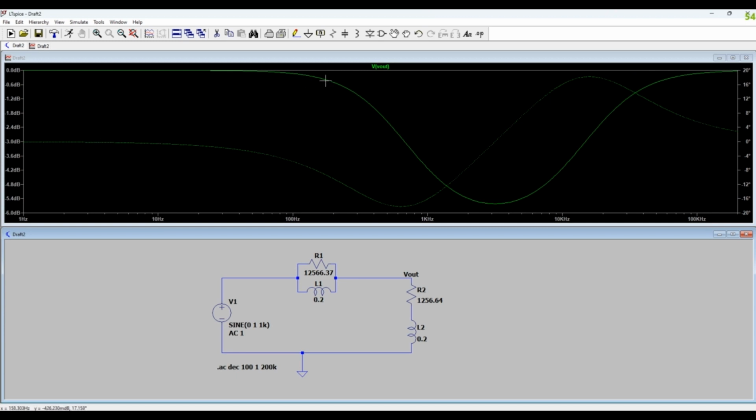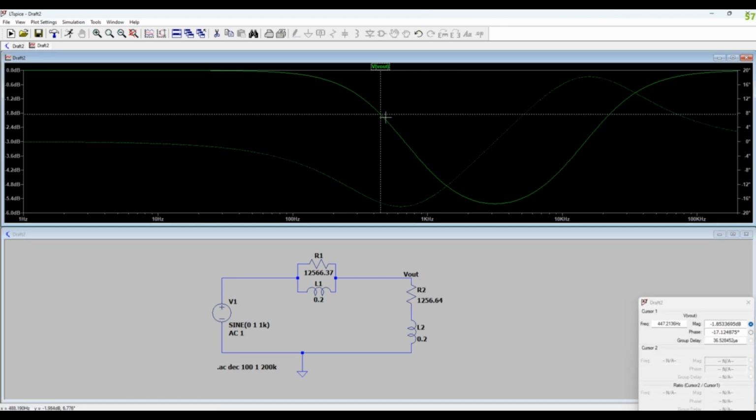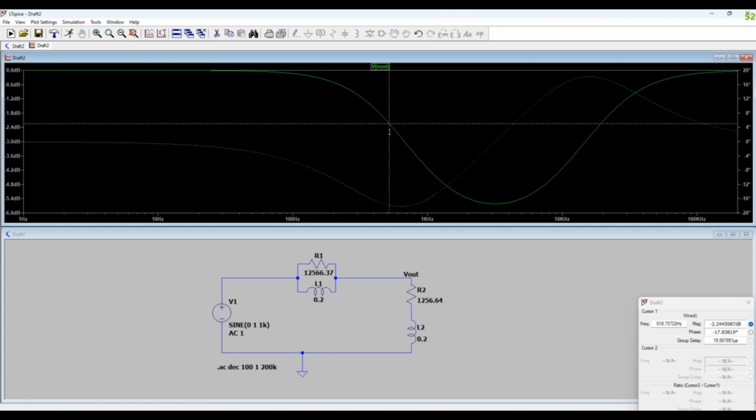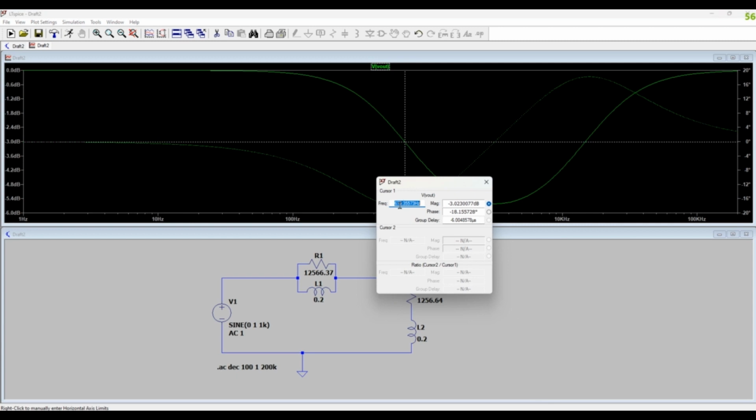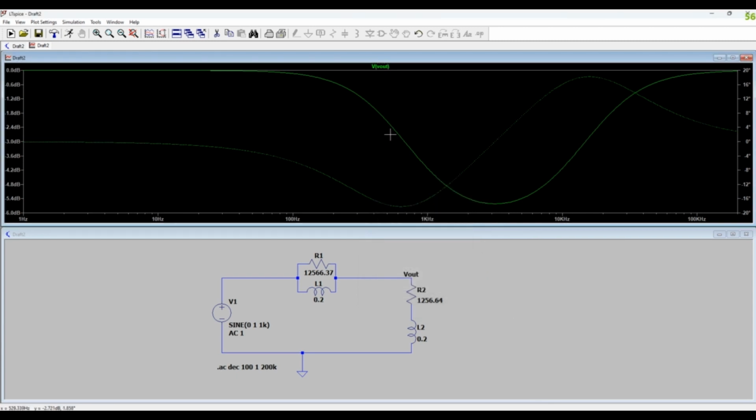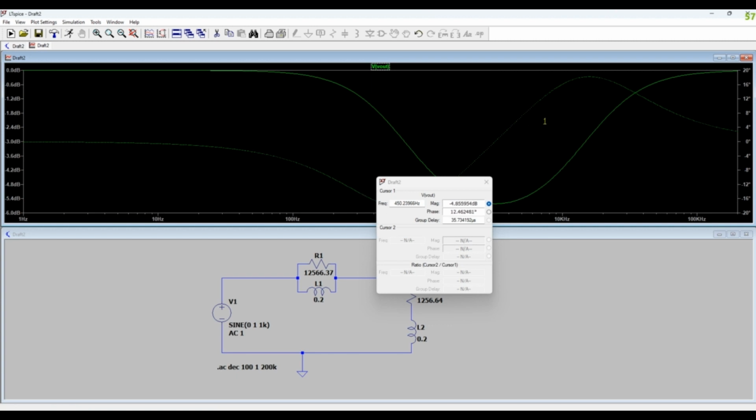For the cutoff frequency, we can see it at negative 3 decibel. We got 679 Hertz, and for the FH, we can get maybe around 14.6 kilohertz.